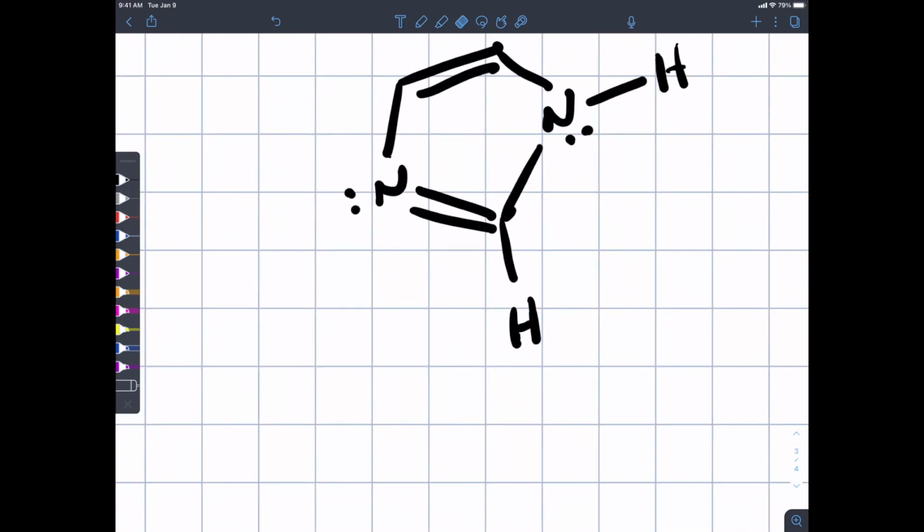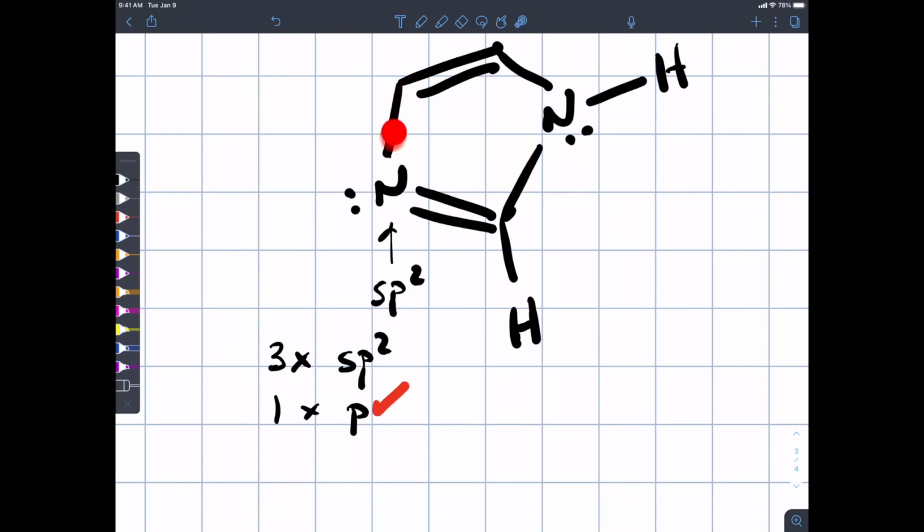So the nitrogen is involved in a pi bond, therefore the nitrogen's sp2 hybridized, right? We can agree on that. Therefore, an sp2 hybridized atom comes with 3 sp2 orbitals and 1 p orbital. The p orbital has to be involved with this pi bond because that's where pi bonds come from. So we've got that one.